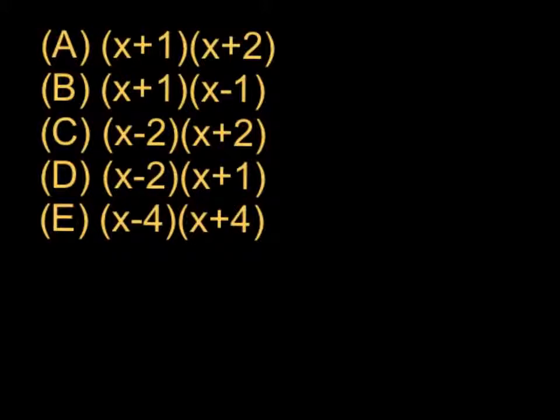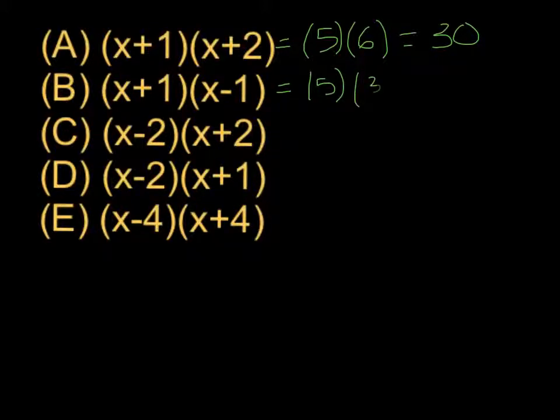For the first one, we want to do 4 plus 1, so 4 plus 1 is 5, and 4 plus 2 is 6, and that is equal to 30. Then we do the same thing for part B, which is 5 times 3, which is equal to 15.